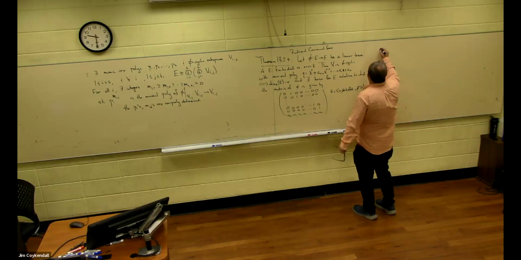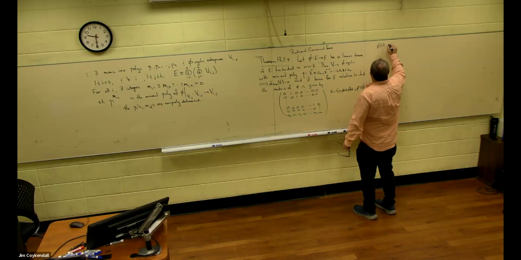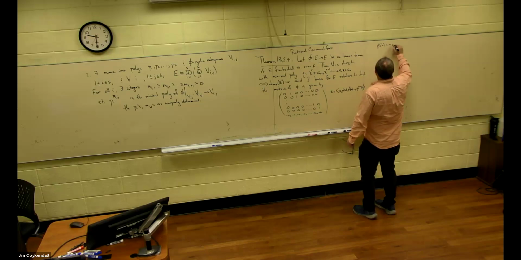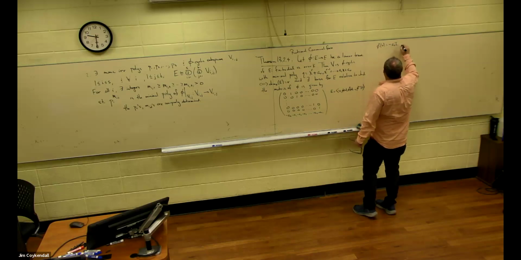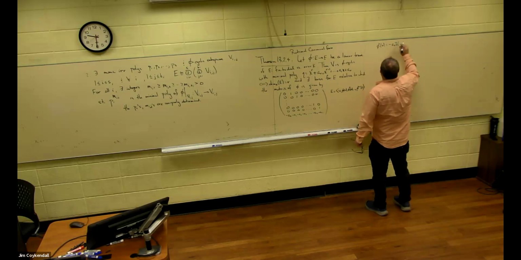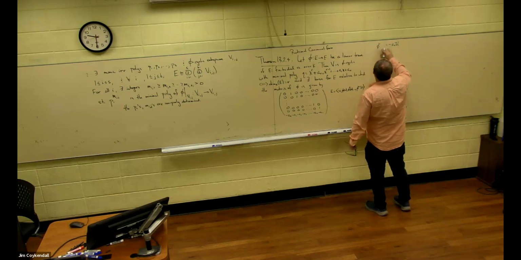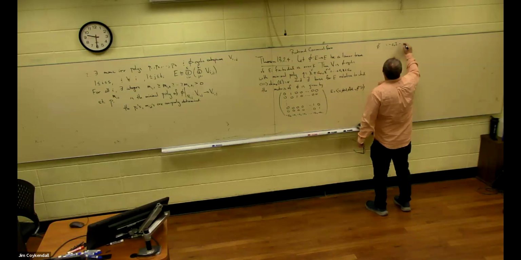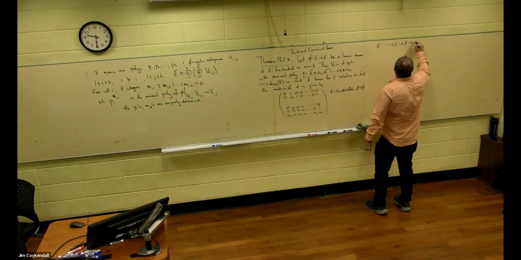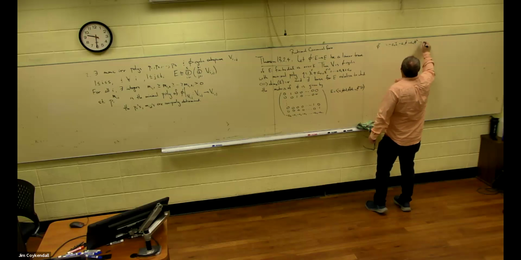What this means is phi^r v is equal to minus a0 I minus a1 phi minus a2 phi squared, and so on, minus a_(r-1) phi^(r-1), applied to v.